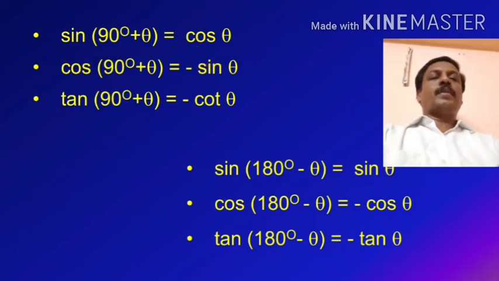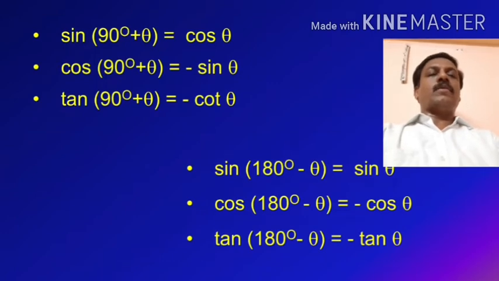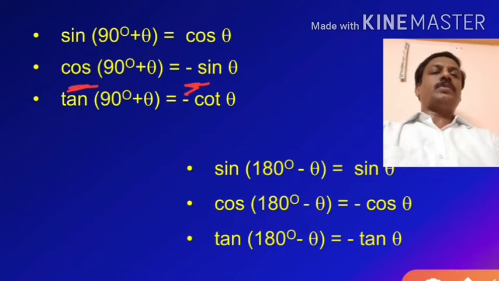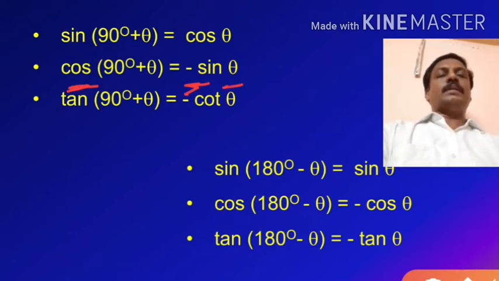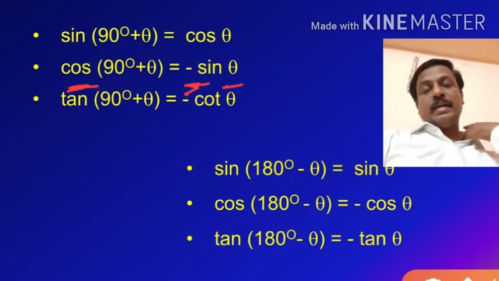Then cos 90 plus theta. Here 90 plus theta is again in the second quadrant. In the second quadrant, only sine and cosec are positive, therefore it should be negative. So here we get minus sign, and this cos changes to sine. Okay, so cos 90 plus theta is equal to minus sine theta.